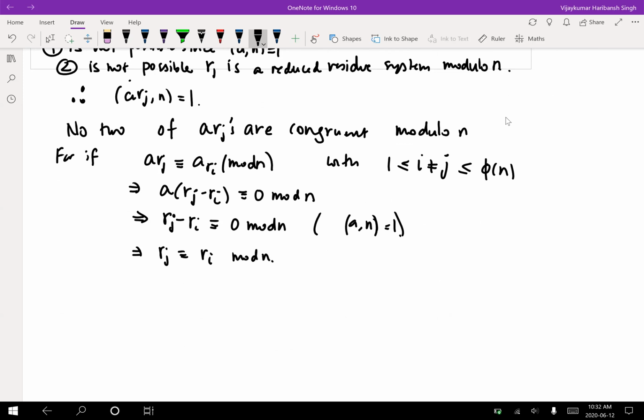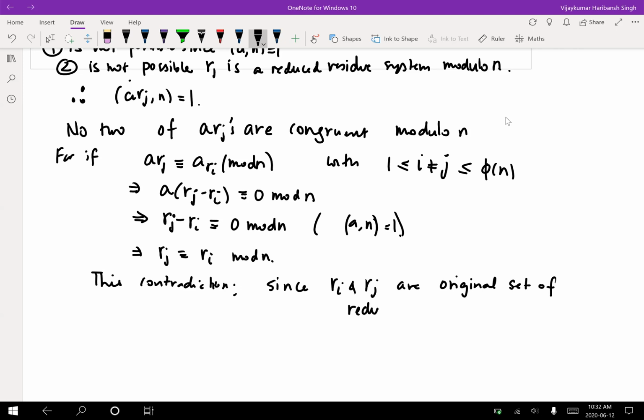This is not possible; it is a contradiction, since Ri and Rj are from the original reduced residue system modulo n.